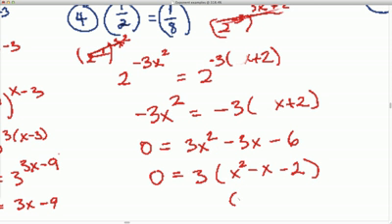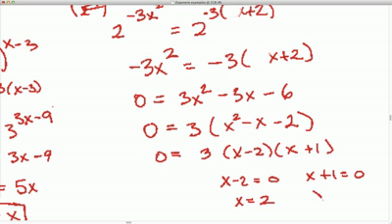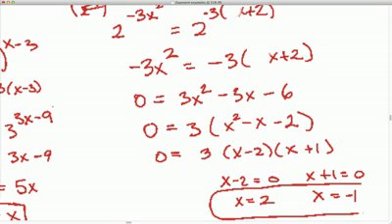And then this factors into x minus 2 times x plus 1. So 3 will never equal 0, but x minus 2 will equal 0. So x equals 2 if you add 2 to both sides. Then x plus 1 equals 0, so x equals negative 1. So those would be your two answers, okay?